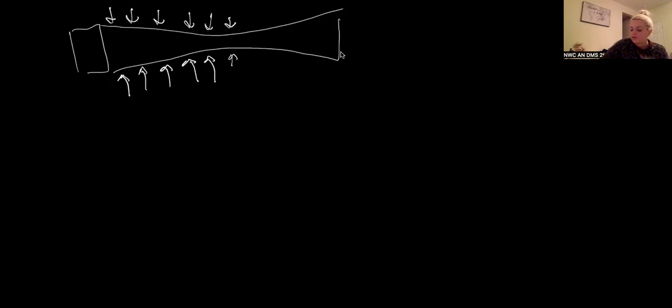And then not only does this happen, you have to remember the second and third part to this, that the focus actually is moved closer to the face of the transducer. So it's like you're grabbing onto that and pulling it in. So it's getting closer to the face of the transducer.